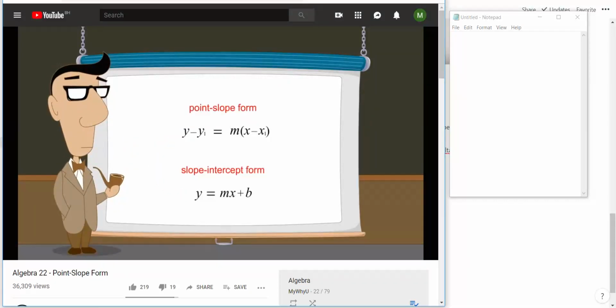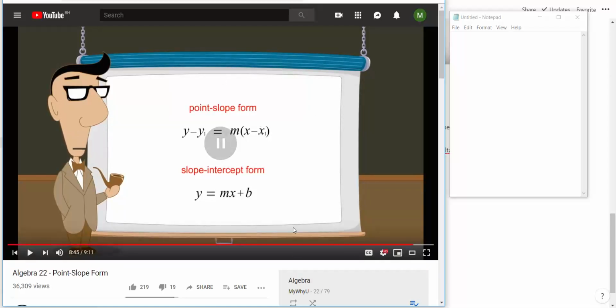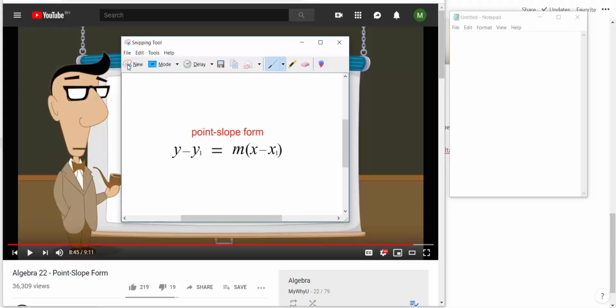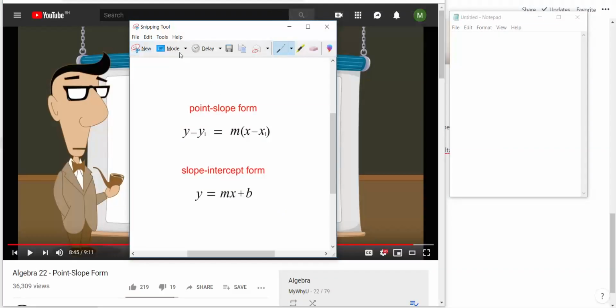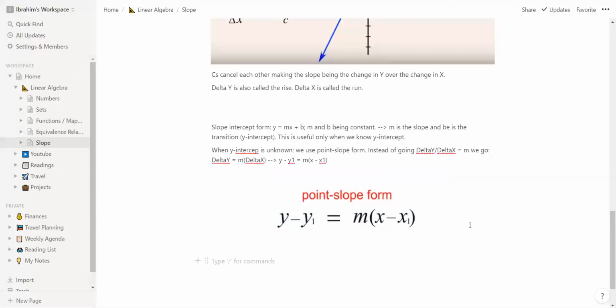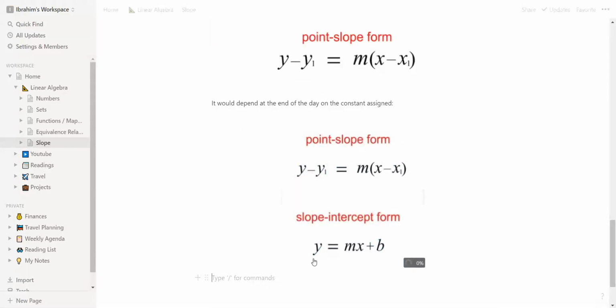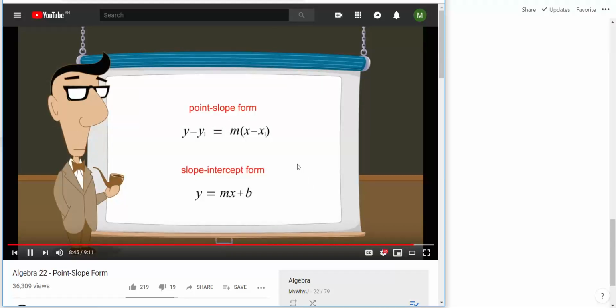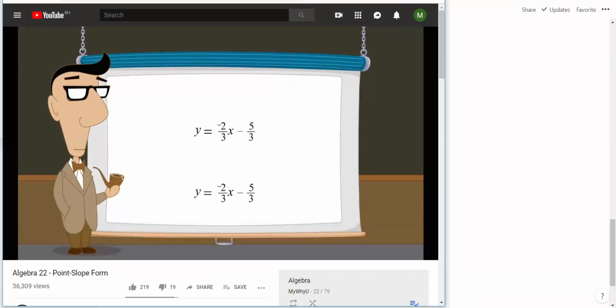So, although the point-slope and slope-intercept forms look different, once the proper constant values are assigned, the two equations express the same relation between x and y and are therefore equivalent.